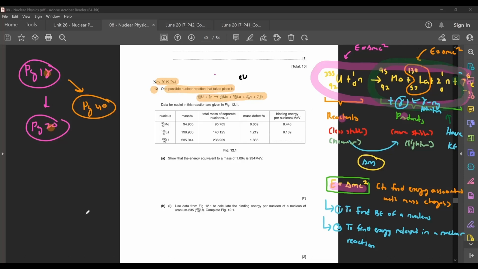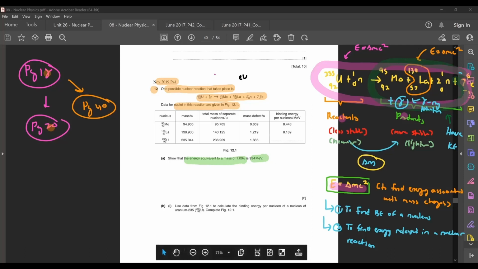All right, but the only difference now is that they didn't ask you to find out the number of electrons involved. And then from here, they mentioned to you that data for the nuclei in the reaction are given in this table here. And from there, show that the energy equivalent to a mass of 1 u is 934 MeV. This one we've already done twice already, so probably there's no need for me to go and explain this. You're just going to use E equals delta m c squared.